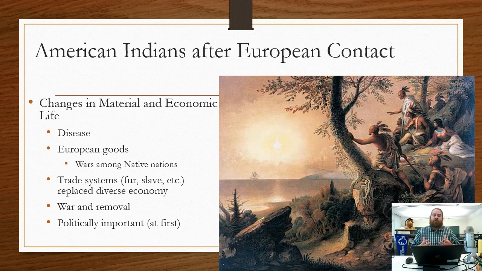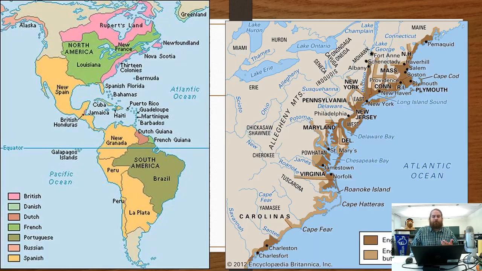But despite this backdrop, the Native Americans are very politically important, especially at first, before the American Revolution, because they represent a large piece of the population that's well organized, that's been living there. And so while later there's going to be a complete removal, in the early days of American colonization there is a lot more overlap of these systems.